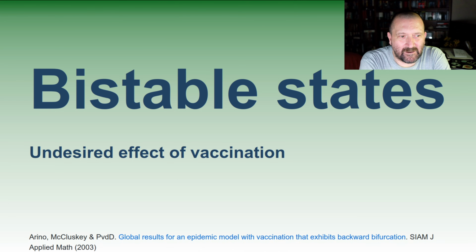The last of those oddities that I wanted to illustrate was the case of bistable states, which we could qualify as being an undesired effect of vaccination. This is a model I wrote with McCluskey and Van den Driessche quite some time ago now, almost 20 years ago.